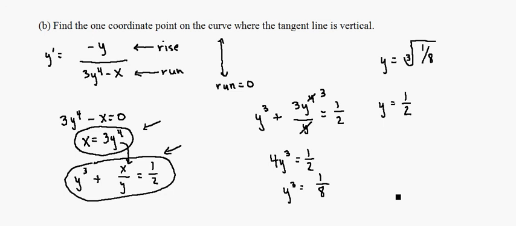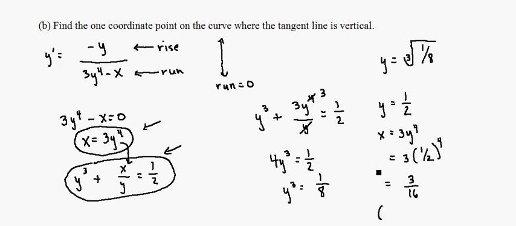Let's get our x-coordinate. The easiest thing to do is use the fact that at this point, x must be 3y to the fourth. So x will be 3 times 1/2 to the fourth. 1/2 to the fourth is 1/16, and times 3 gives me 3/16.